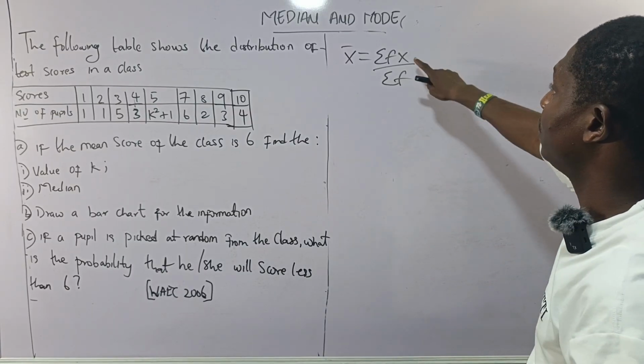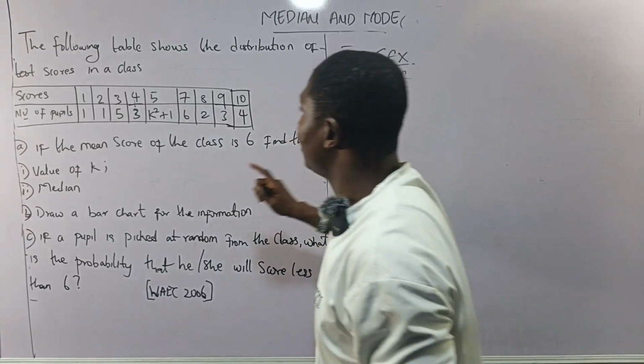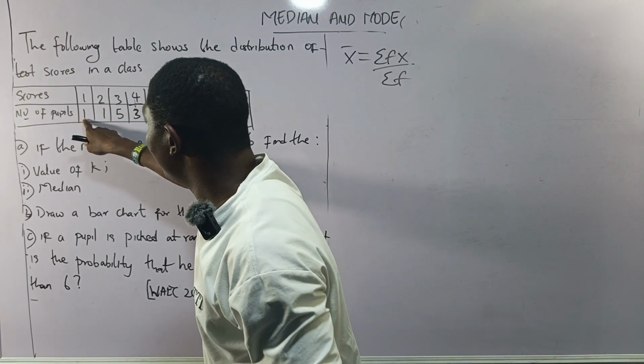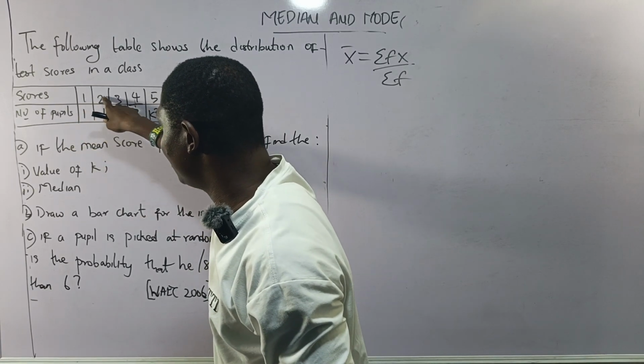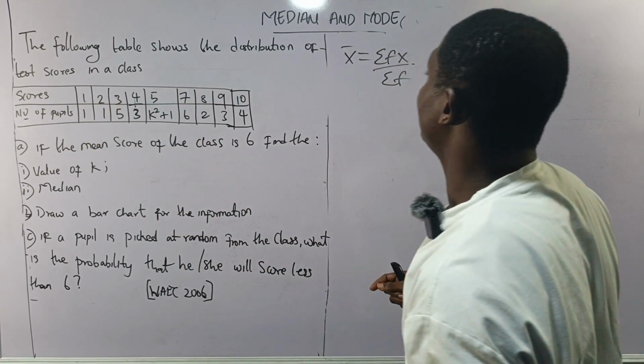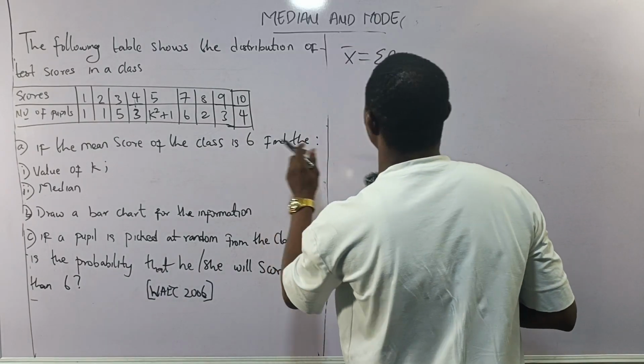Now, you know summation fx is simply frequency times score plus frequency times score, to the very end. And the mean was given as 6.